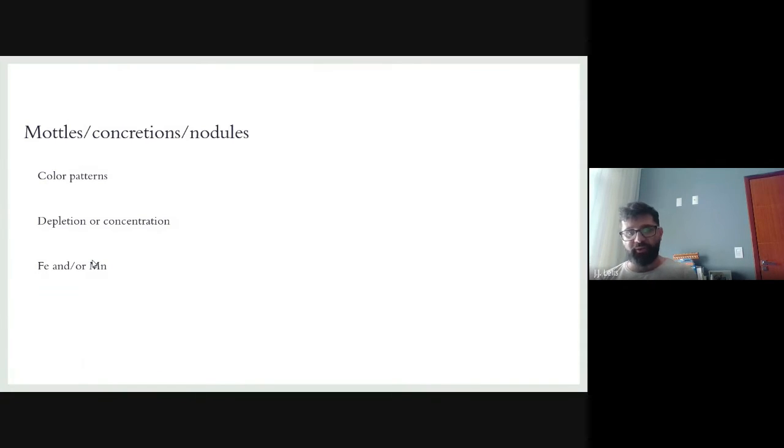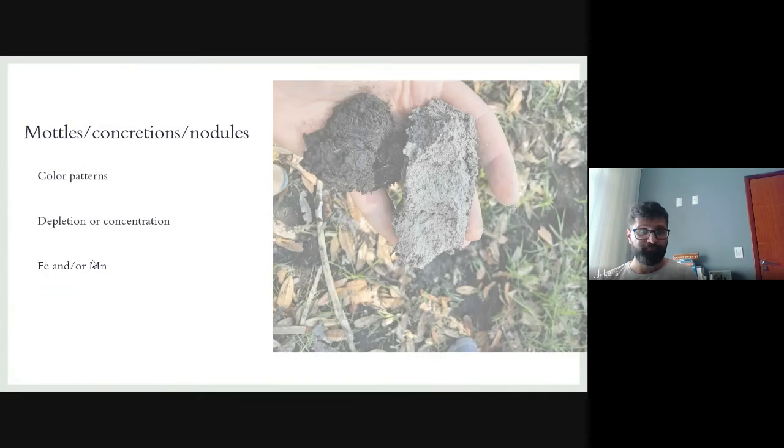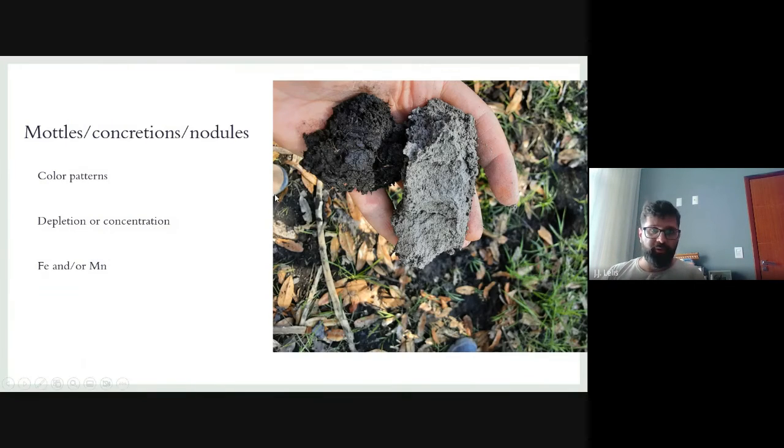express variation of age, express variation of the conditions, the availability of electrons, or how anoxic or oxic is that horizon or layer. For example, here we can see in this hand sample a specific sample that presents a gray color, and we can see only one color pattern, this gray color.